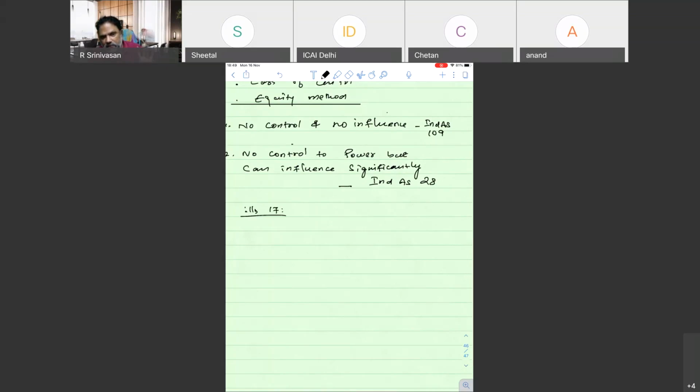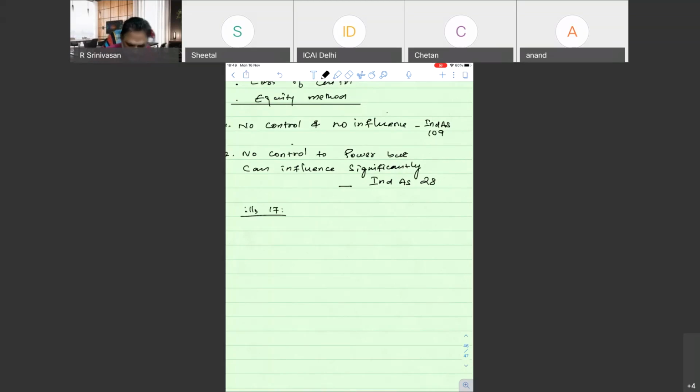So we will be following just the equity method. You are investing, so make the investment account debit, cash credit, paid by cash at the time of the financial year.